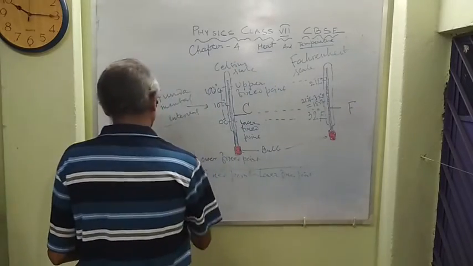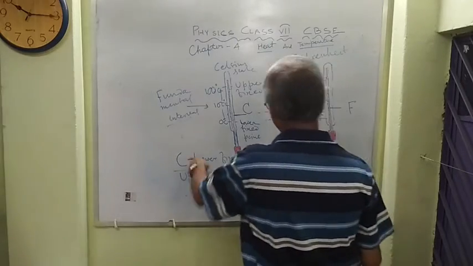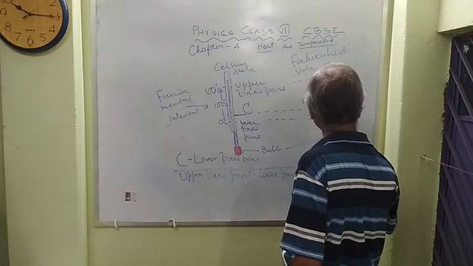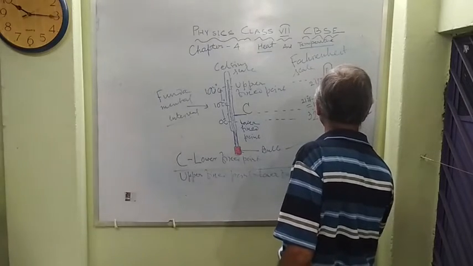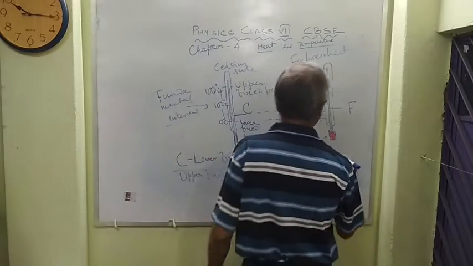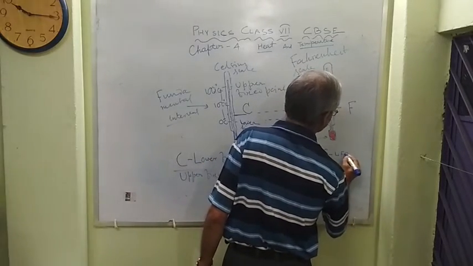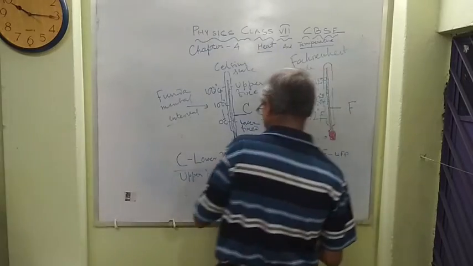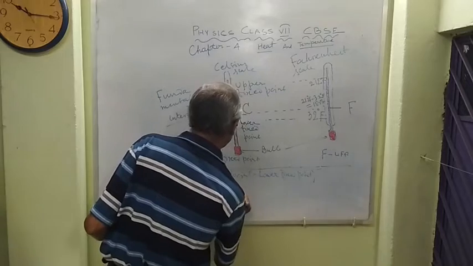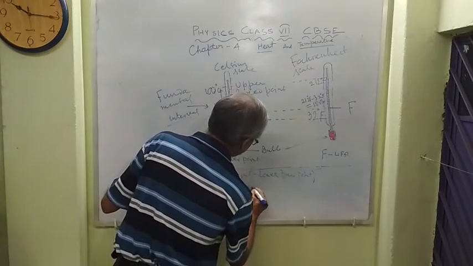We write this in this way: temperature in Fahrenheit scale, the same temperature in Fahrenheit scale, minus lower fixed point, divided by upper fixed point minus lower fixed point. This is called a fundamental interval, Fi.